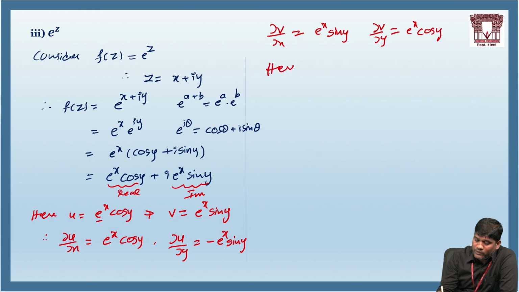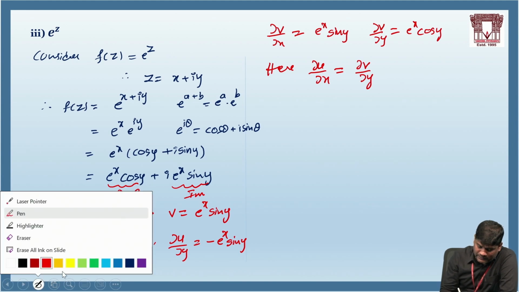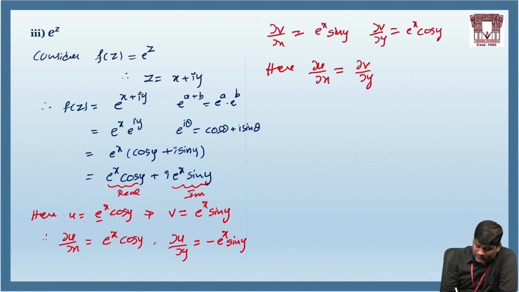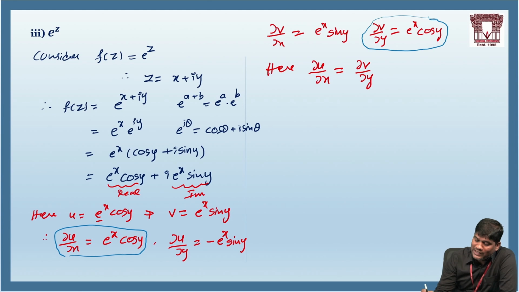Here dou u by dou x is equal to dou v by dou y, that is, dou u by dou x is equal to e to the power of x into cos y. Dou v by dou y is also the same, e to the power of x into cos y, and dou u by dou y is equal to minus of this.